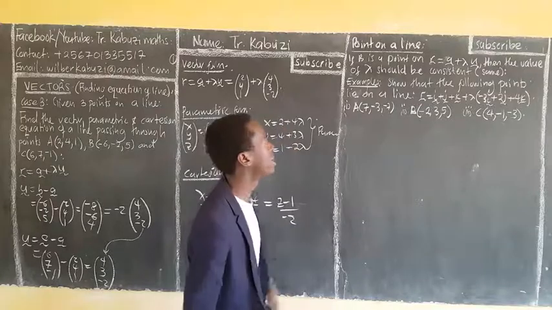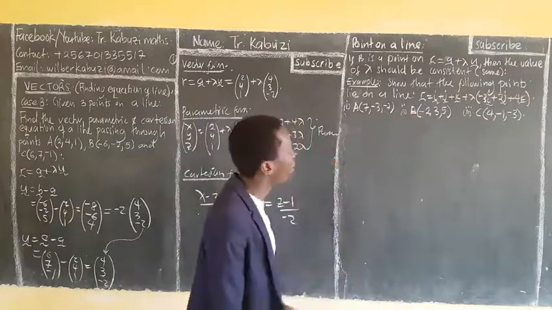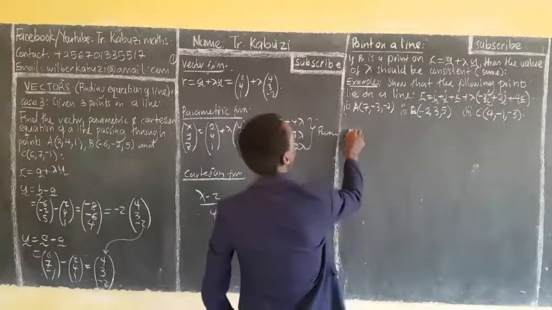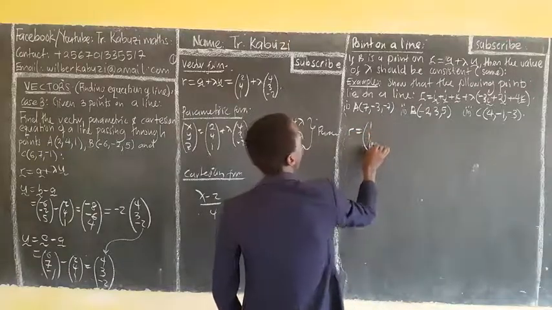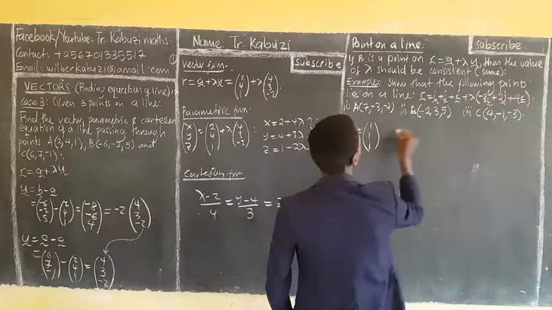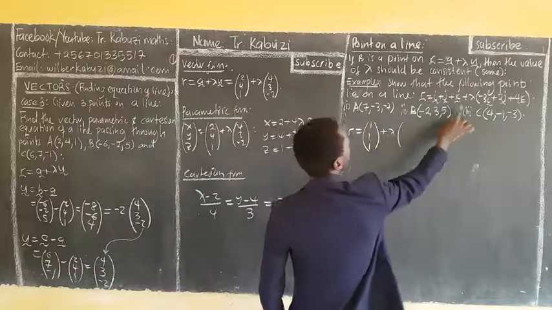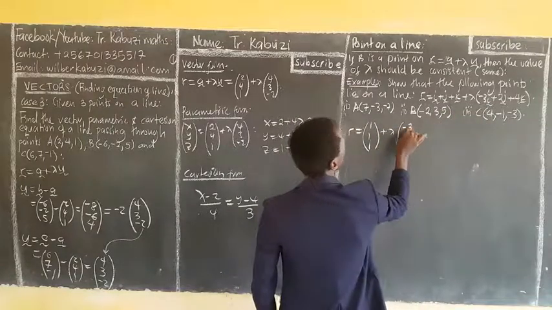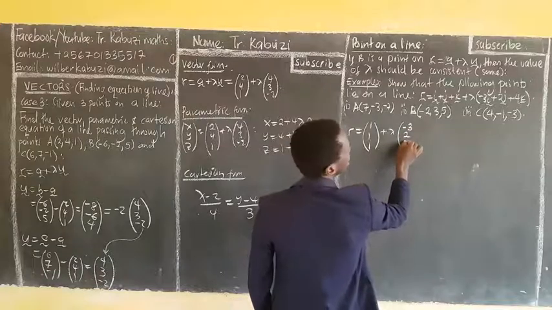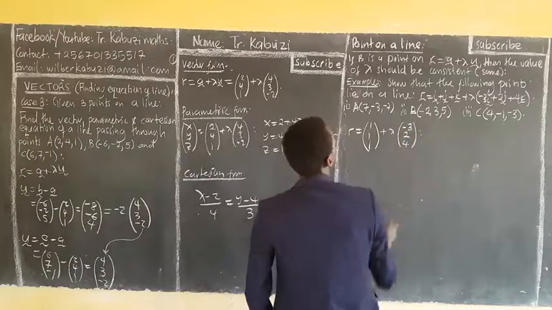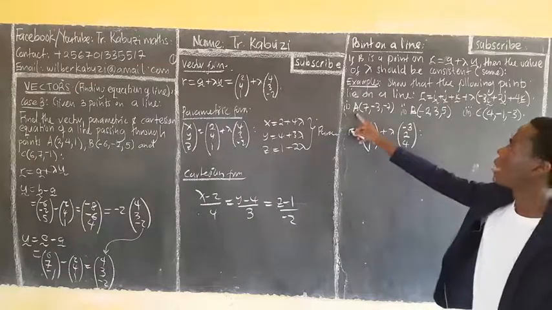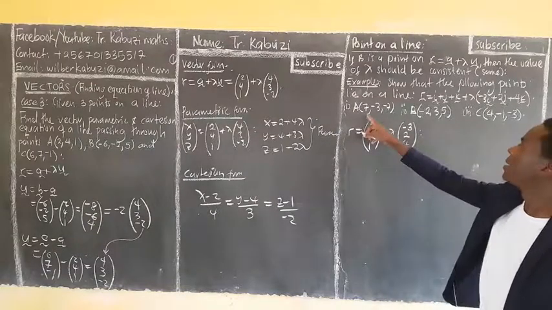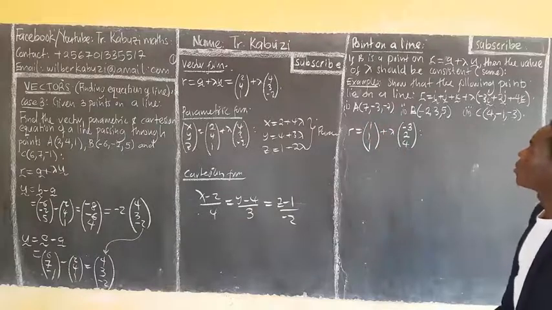To show that, of course, I first express this in column form. So my r is going to be 1, 1, 1, plus lambda times negative 3, 2, 4. After doing that, I'm going to another point. I want to show that this point lies on that line.